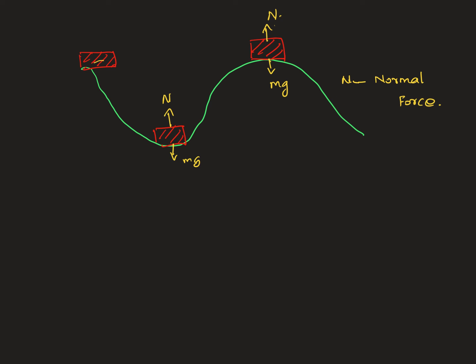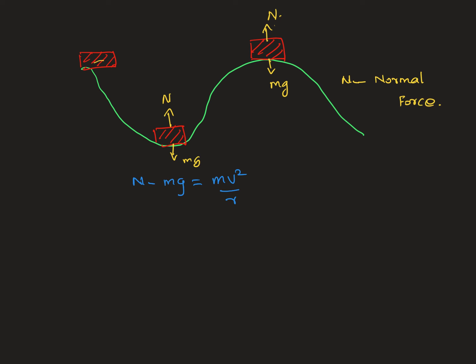If we look at this place, the net force, which is the force towards the center, is going to be N minus mg is equal to mv squared over r.